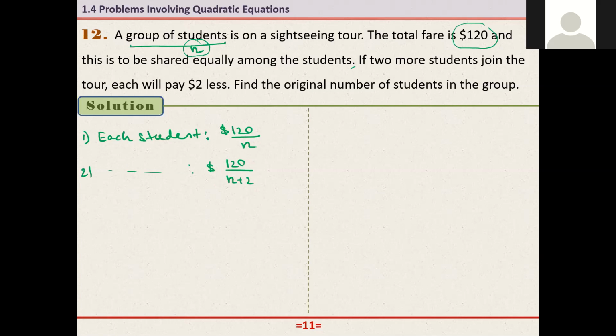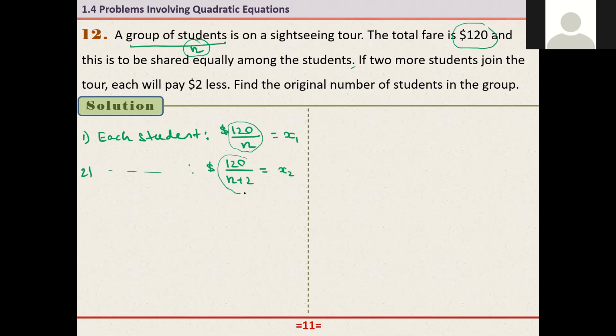So now we have students 2 plus N plus 10, right? In the first case, each student should pay X sub 1, and here X sub 2. So here the students are paying less, and the difference should be equal to 2. Because we are expecting that every student should pay this much.